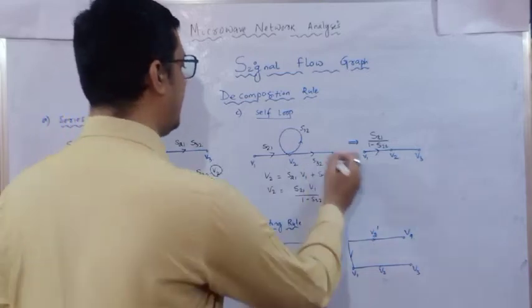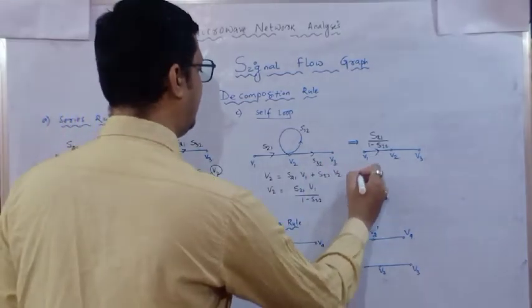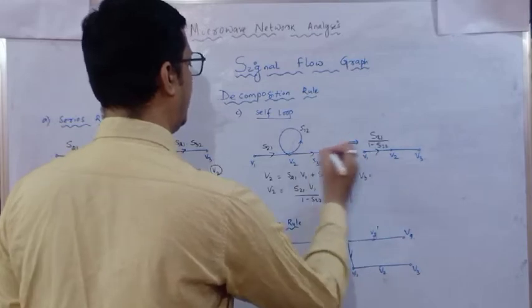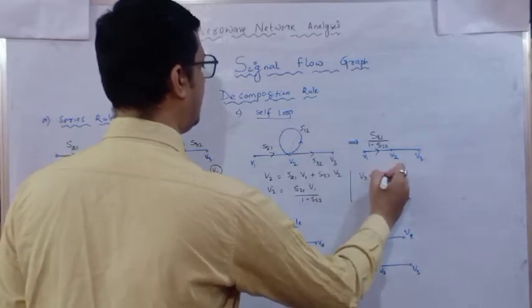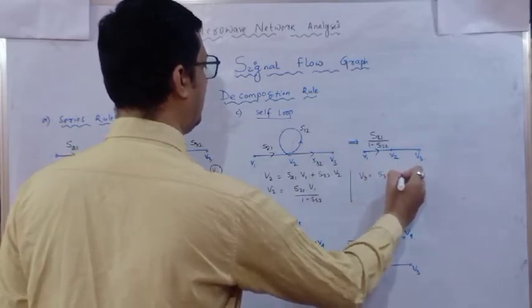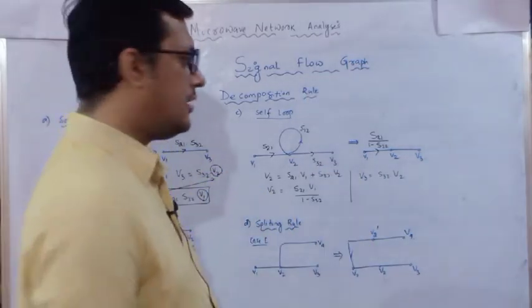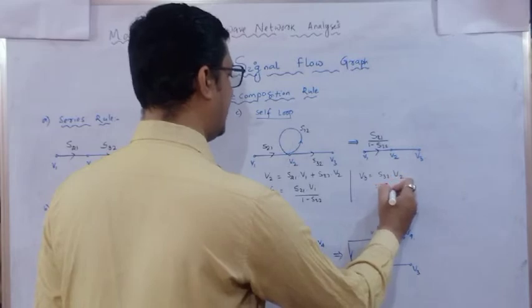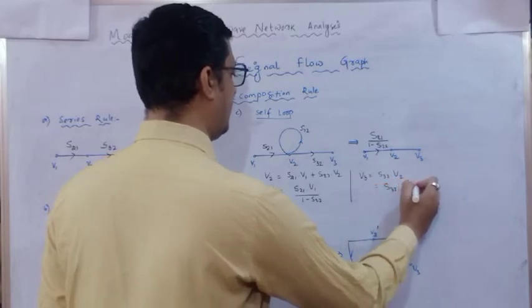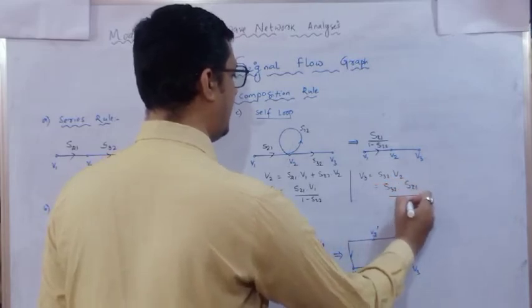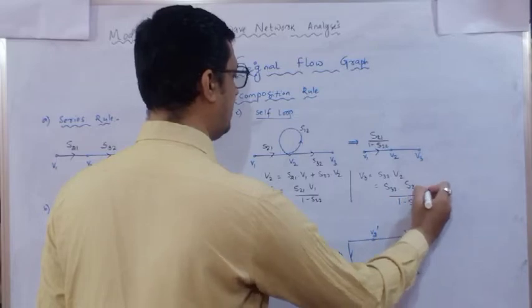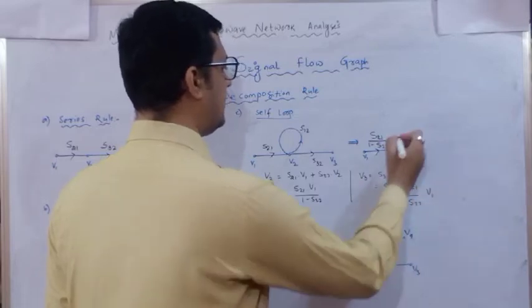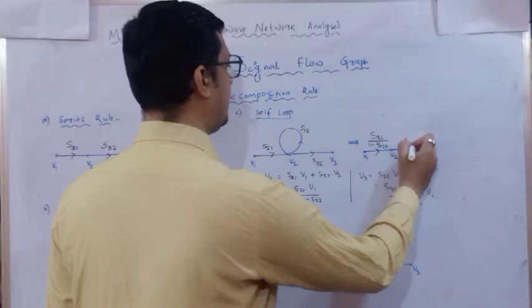Okay. Then what is V3? V3 is equal to S32 into V2. Done. Now what is V2? V2 is this much. So it is S32 into S21 divided by (1 minus S22) into V1. So here it is S32.